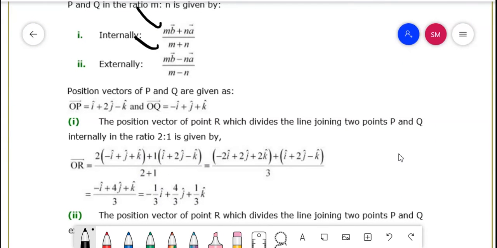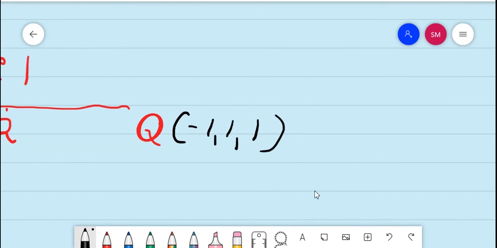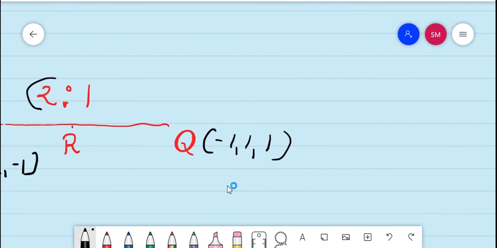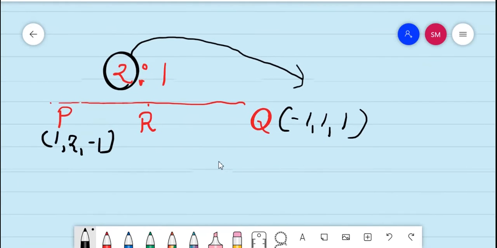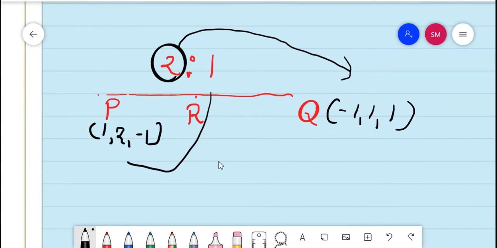So 2 into this part, and 1 into this part.